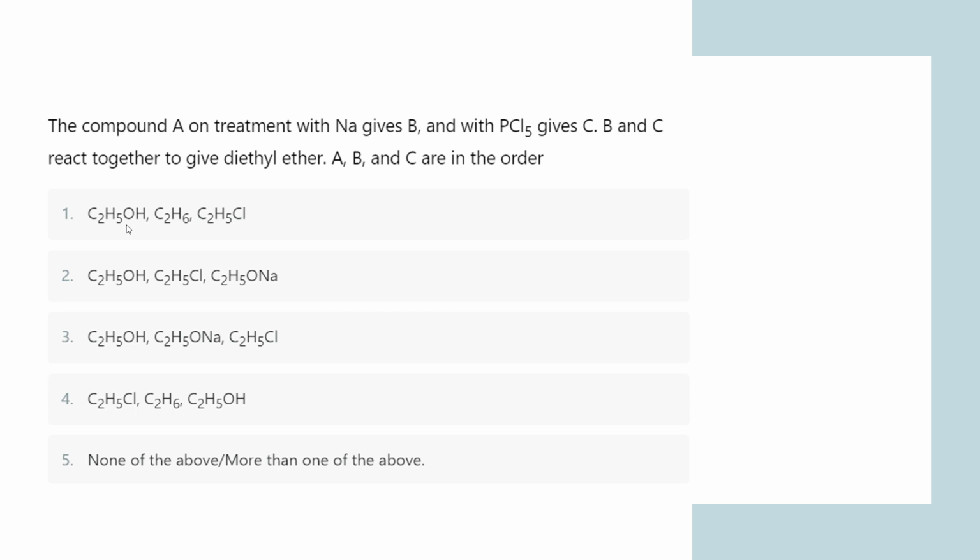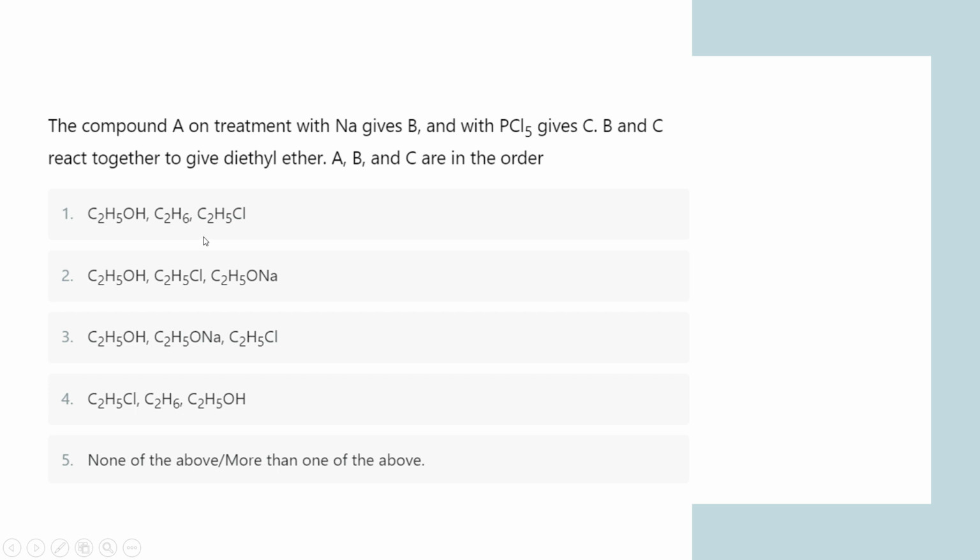So what happens? A should give you B upon treatment with sodium. So what happens if we treat this alcohol with sodium? We should get sodium ethoxide. Okay, but here in B we are seeing ethane, not sodium ethoxide. So option number 1 cannot be the correct answer.